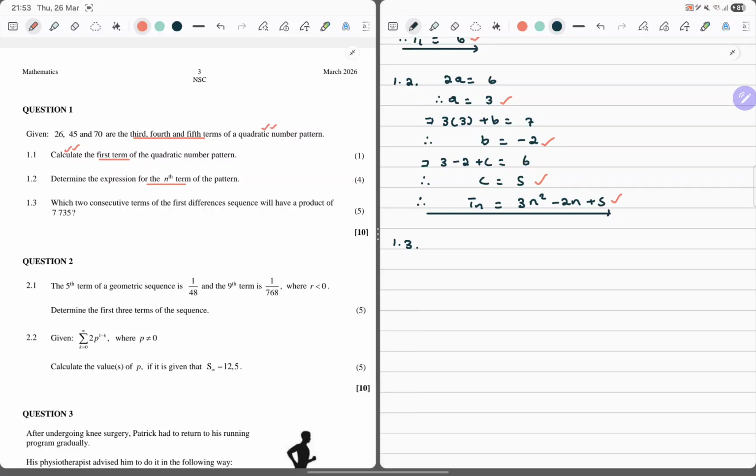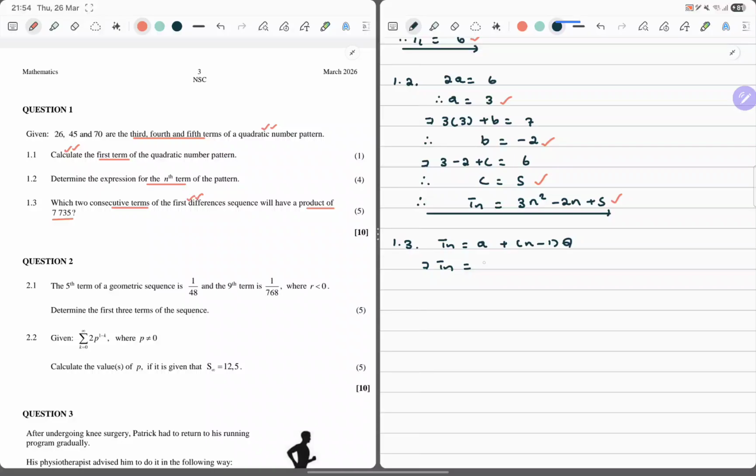1.3 says, which two consecutive terms of the first differences sequence will have a product of 7,735. Okay, so this is not a bad thing. So we know that t sub n for the first differences is a plus n minus 1 times d.